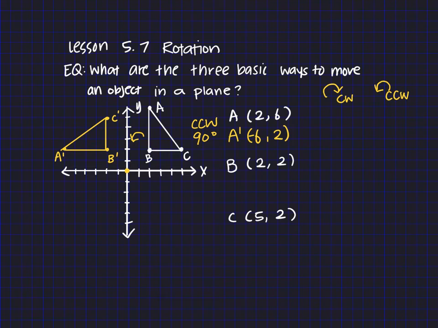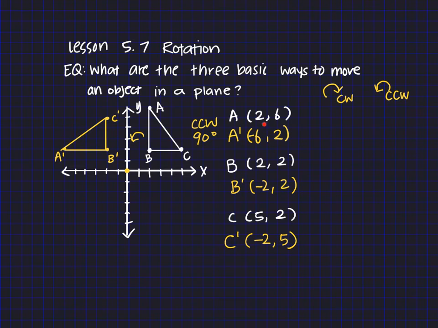And then my B prime is going to be -2, 2. And then for my C, it's going to be -2 and 1, 2, 3, 4, 5, so -2 and 5.